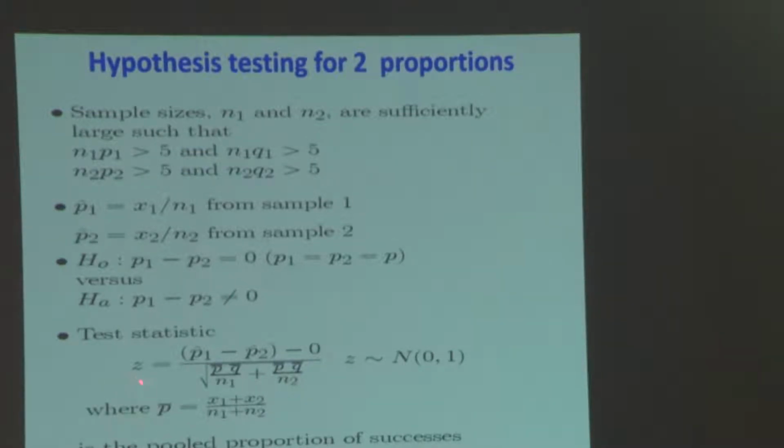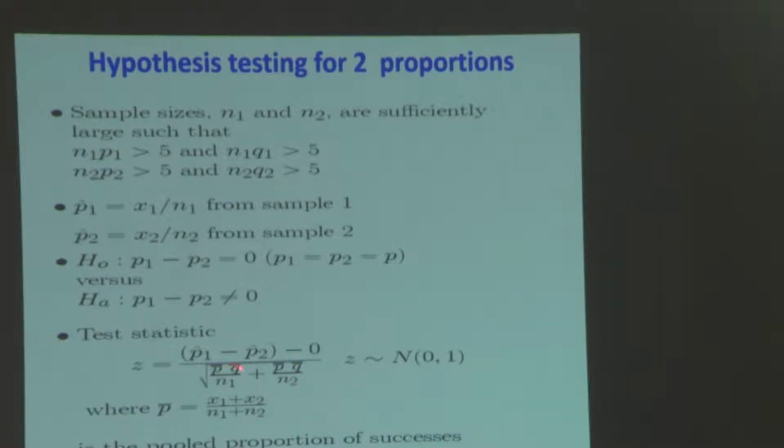We can calculate our Z observed by taking P1 minus P2 minus the hypothesized value of 0, and then dividing by the standard error of the difference, which is the square root of P bar Q bar over N1 plus P bar Q bar over N2.